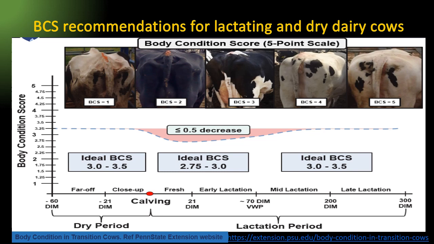Then from calving until mid lactation, more than 70 days, during fresh and early lactation, the body condition score is 2.75 to 3, and then the ideal body condition score is 3 to 3.5 during mid and late lactation. So from calving until 300 days in milk, that is the lactation period.